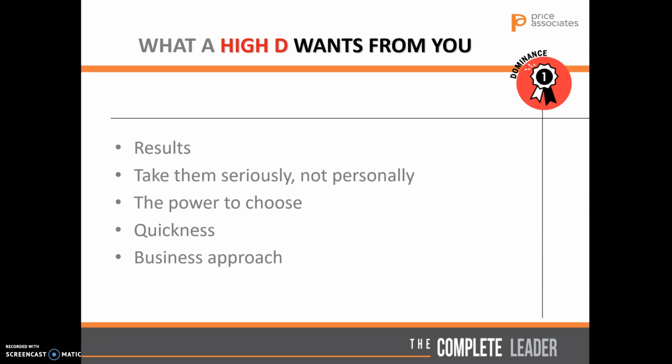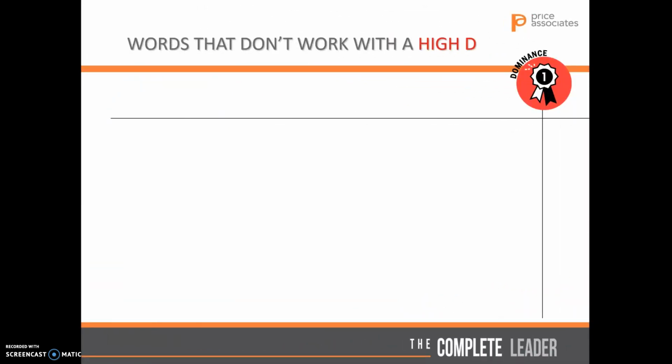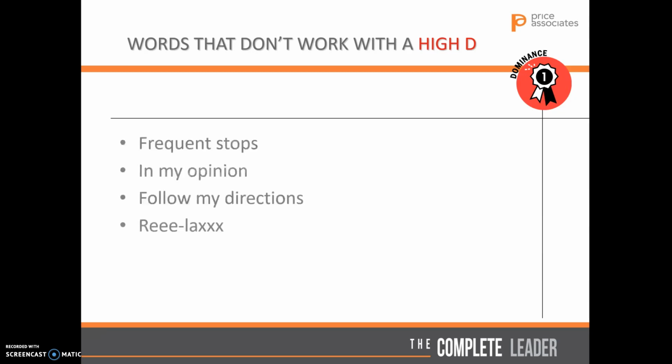At this point, you're probably thinking of someone you know in your life who's a high D and how sometimes maybe you even rub them the wrong way. So here's some tips on what to focus on to make sure you're moving in a positive direction, at least for them. Now, things that don't work for a high D. Frequent stops, that's that impatient thing.